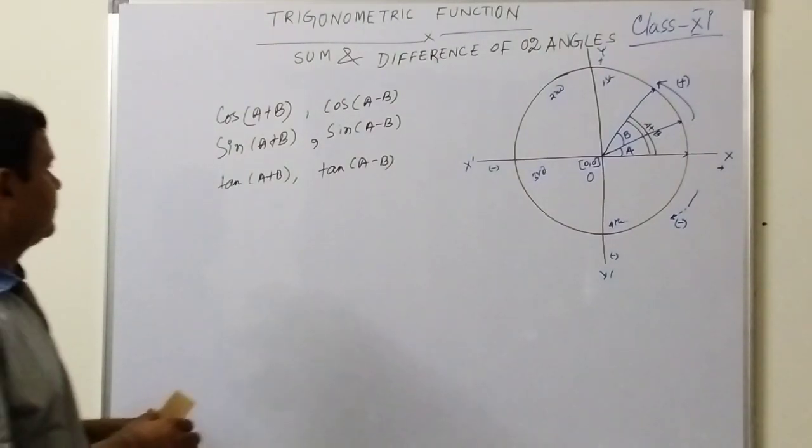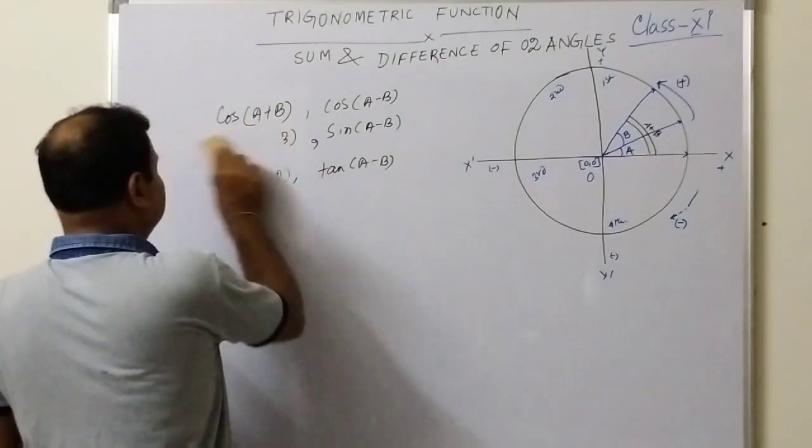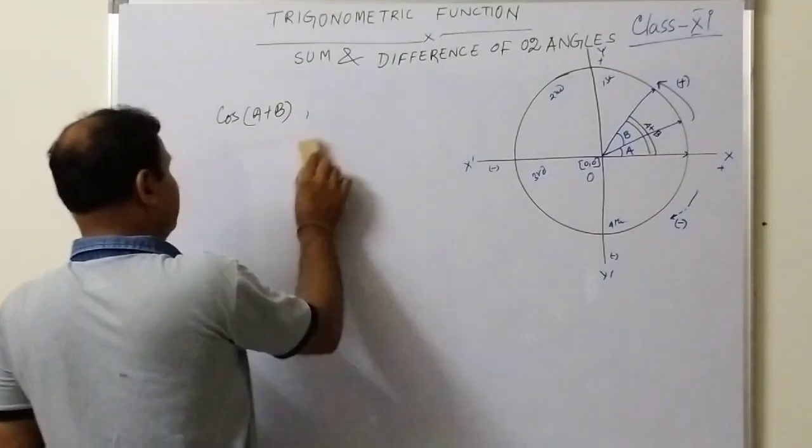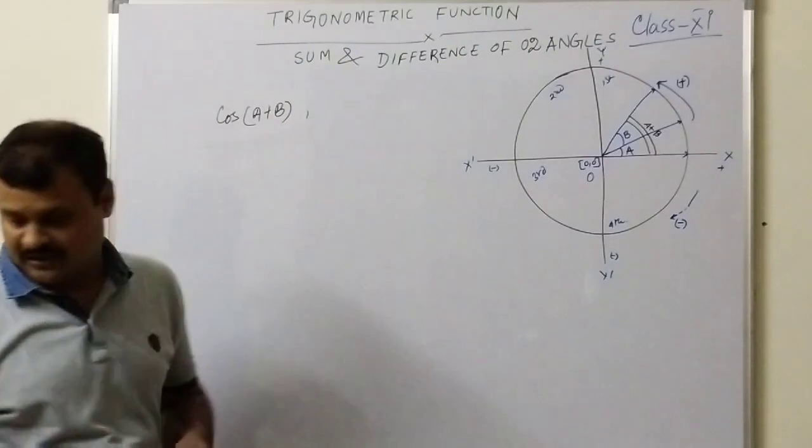So what we will do is, initially we will consider one of them, which is cos A plus B. We will consider it first.